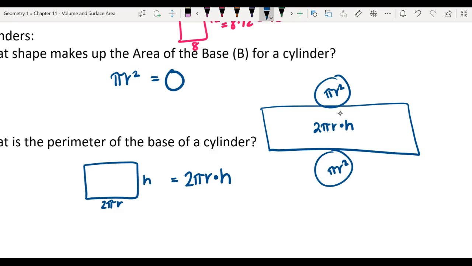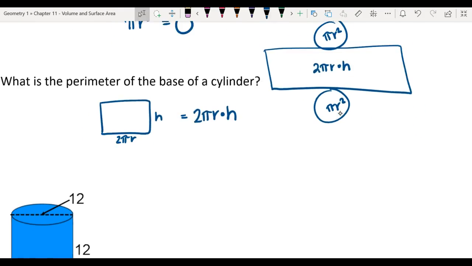And if you add those 3 up, then you'll have the total surface area of your cylinder. Does it help to see it all together like that? Kind of? Okay.